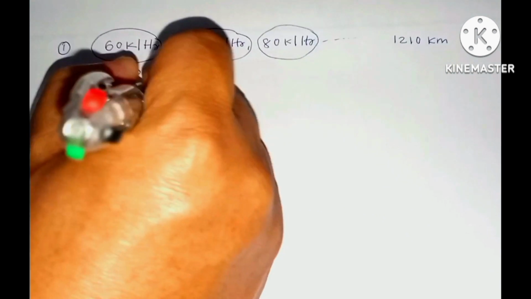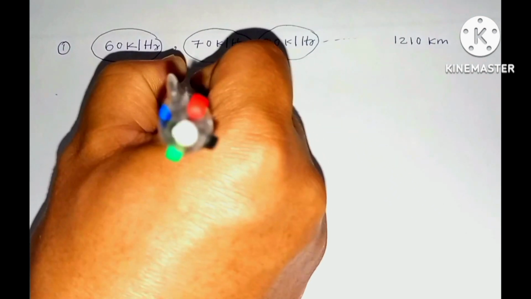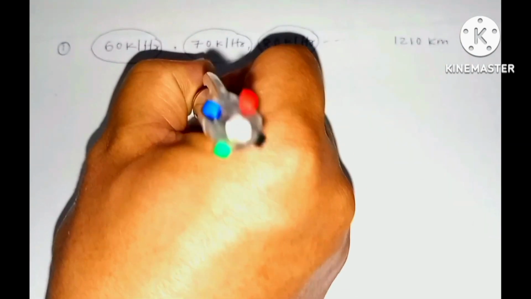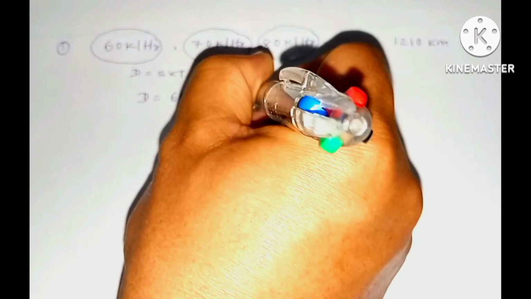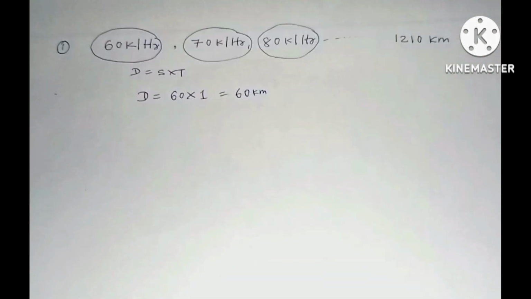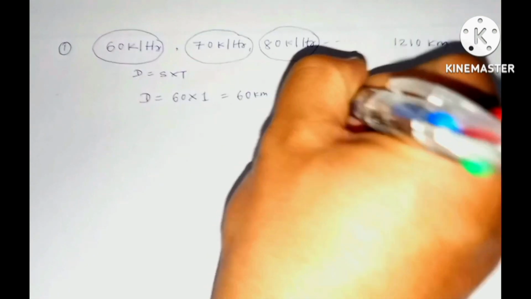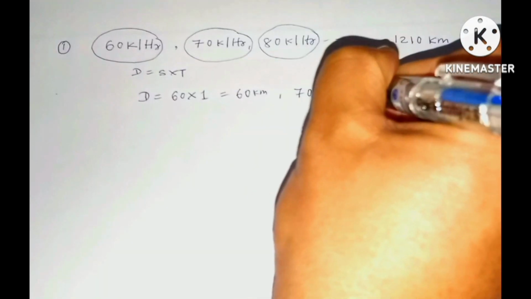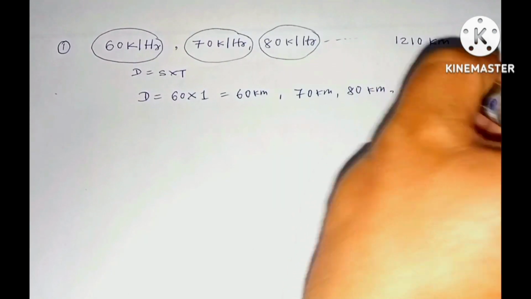Therefore distance is equal to, for the first hour, 60 into 1, that is only 60 kilometers. For the second hour distance is 70 kilometers. For the third hour distance is 80 kilometers, and so on.